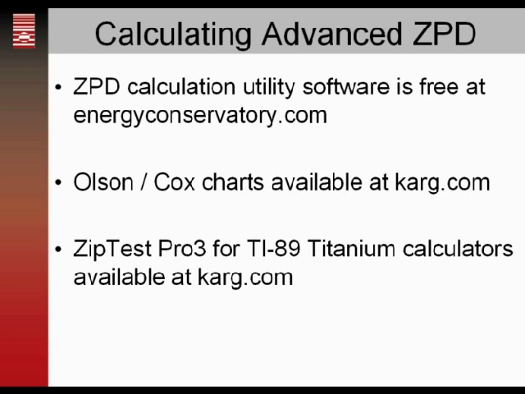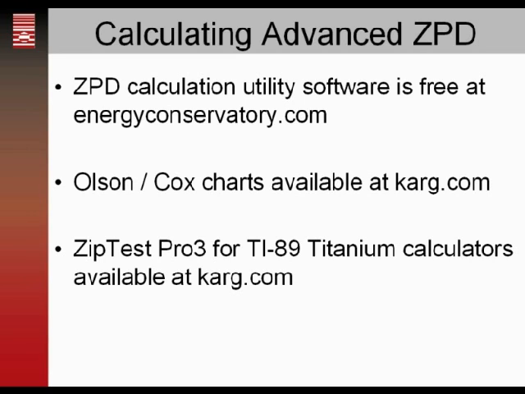You can use the ZPD calculation utility software that's free from the Energy Conservatory website. You can use the Olson Cox charts that we'll be referring to in this presentation. They're available at the CARG website. We'll also make these available to everyone who attended this webinar, and we'll be making them available through our website in the near future.